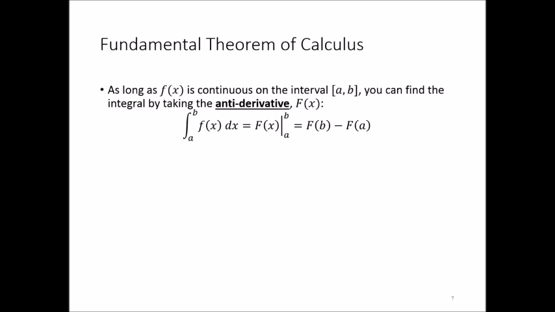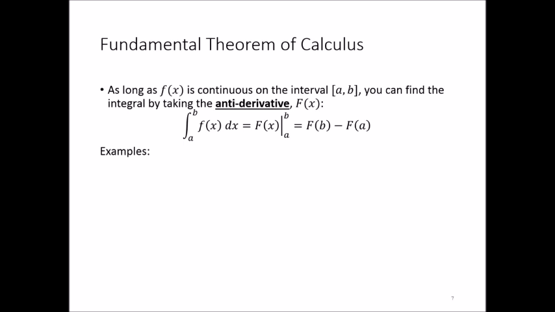And then the last step is to plug in those limits and take the value of your antiderivative at the upper limit b and subtract from it the value of your antiderivative at that lower limit a. And that will give you the value of the definite integral, which will be the area between the function, the x-axis, and the 2 lines x equals a and x equals b.